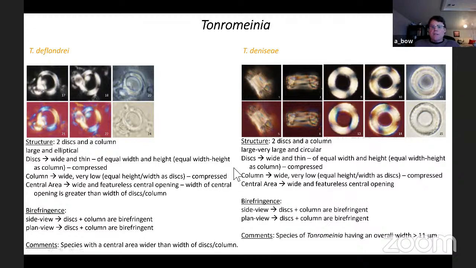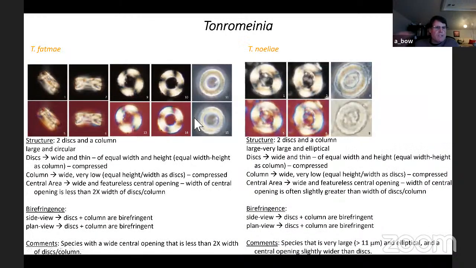Romania denisiae, this is any species of Romania that's greater than 11 microns. And it has a very wide central opening too. And you can see the side view is really distinct too. Romania fatme, a species with a central opening that's less than two times the width of the discs.